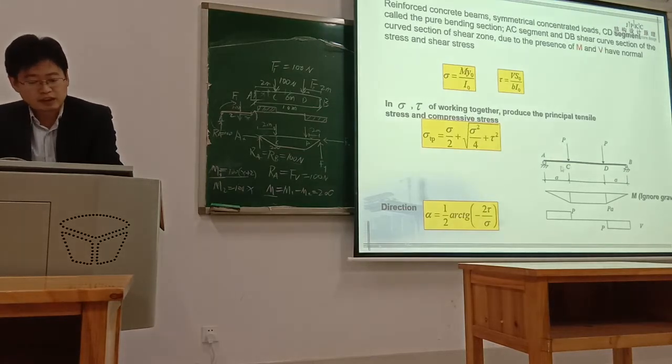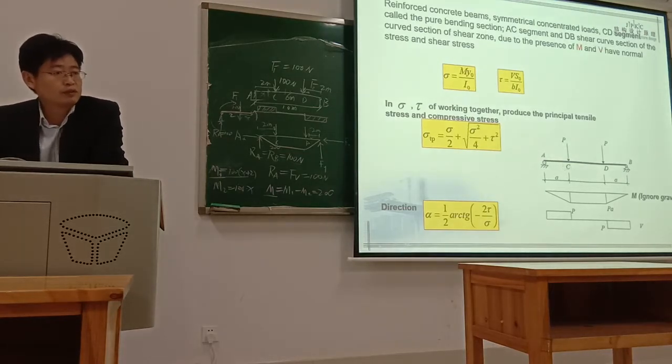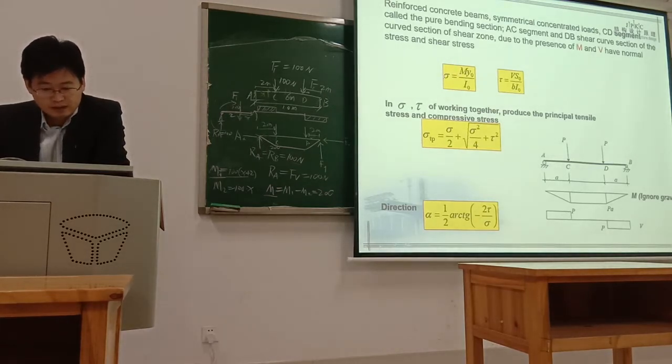Because in these parts, there's not only moment but also shear force. So, under the load of the moment and the shear force, we can get the stresses sigma and tau. They are different stresses.